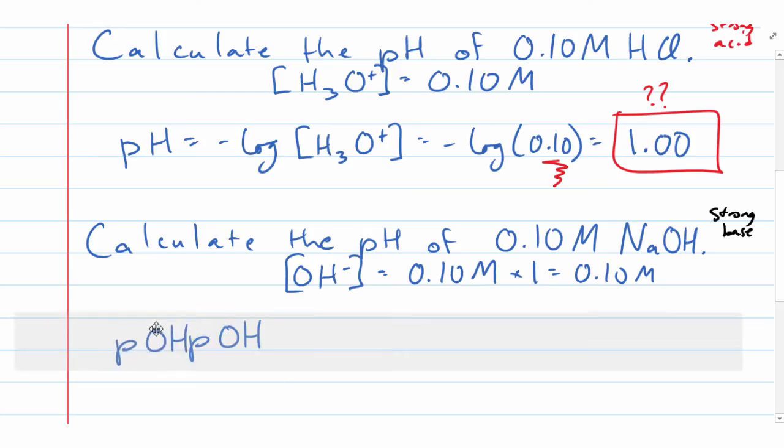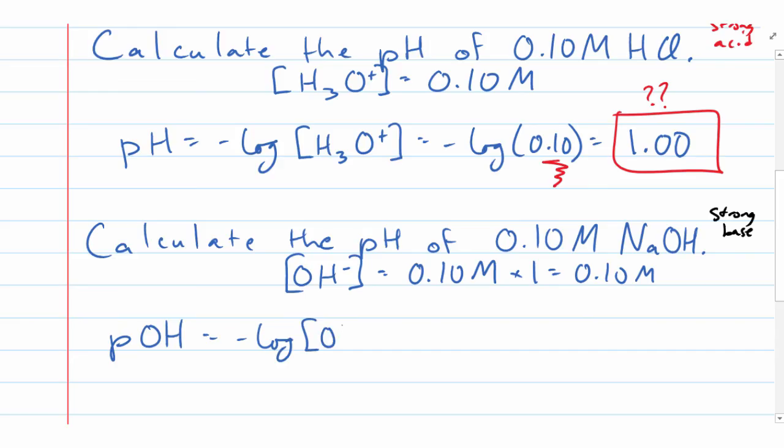And we find the pOH by taking the negative logarithm of the hydroxide ion concentration, which means we're going to take the negative logarithm of 0.10, and we wind up with the value of 1.00, just like we did when we found the pH up above. Remember now, this is the pOH.